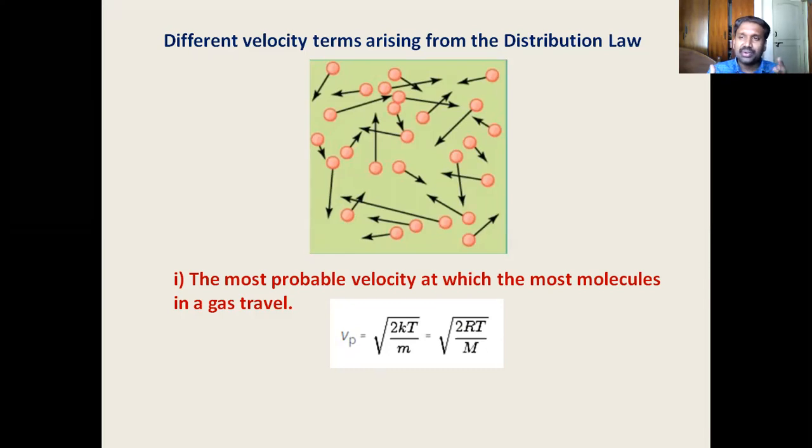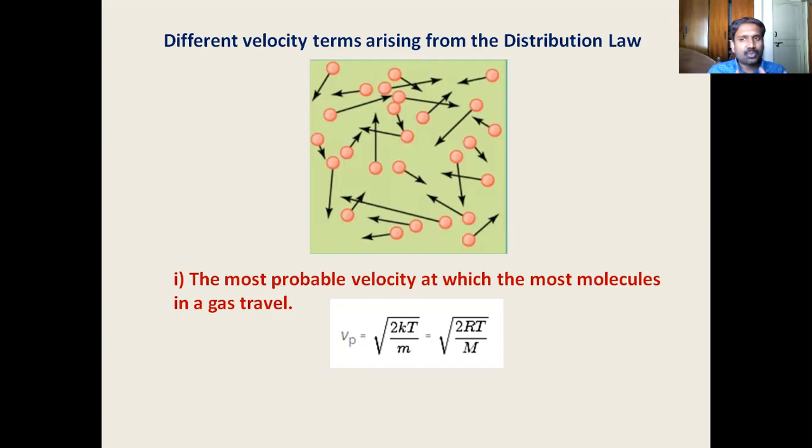I just want to introduce you to the different types of velocities. Most probable velocity is equal to square root of 2RT divided by M, where M is the molecular weight of the gas, or the formula can also be square root of 2kT divided by small m, where m is the mass of an individual gas molecule. We will look at when k and R should be used later.